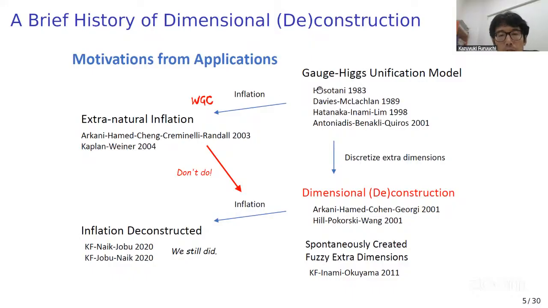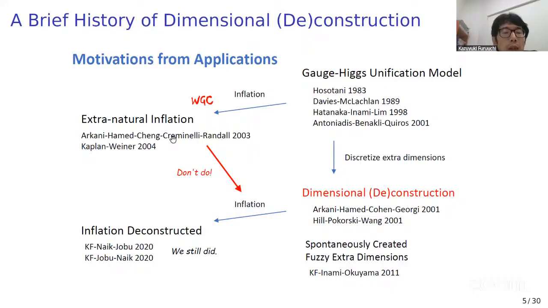Higgs theory and slow roll inflation model building have a similar problem. In slow roll inflation, you have to explain the flatness of the inflaton potential. A similar idea was used, called extra-natural inflation, and it can achieve a large field inflation model.